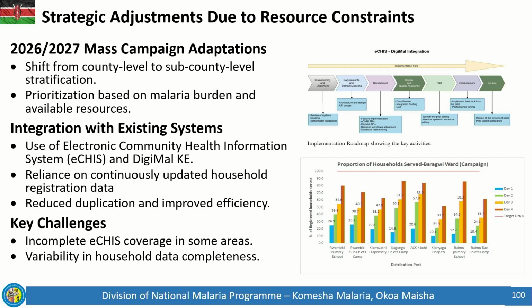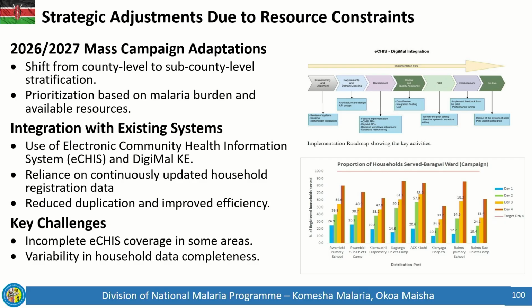So the funding reductions are affecting everybody. So in the next campaign, we realized that there needed to be some shift, and one of them I've mentioned: we stratified lower to the sub-county level instead of applying ITNs at the county level. And then we realized that we needed to do away with any duplication that is existing.